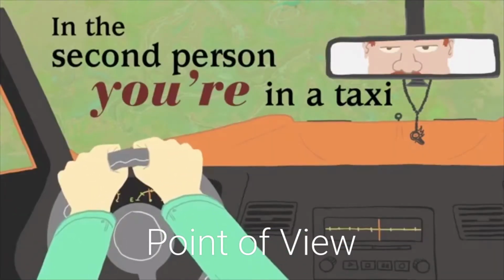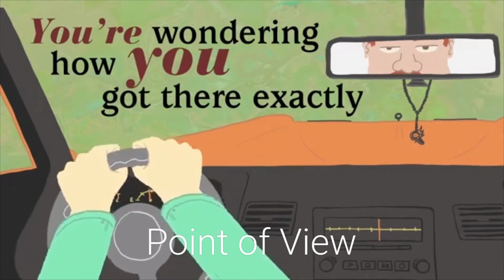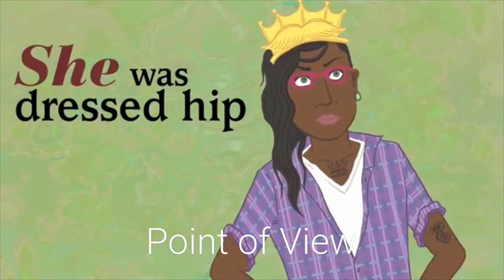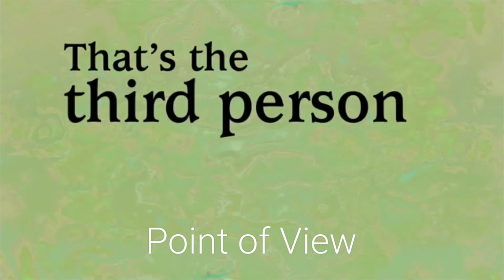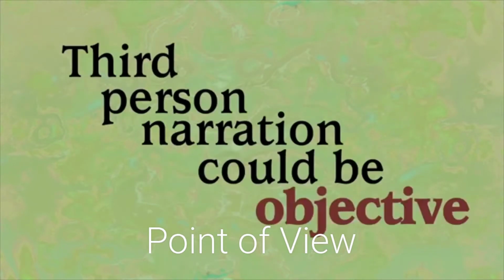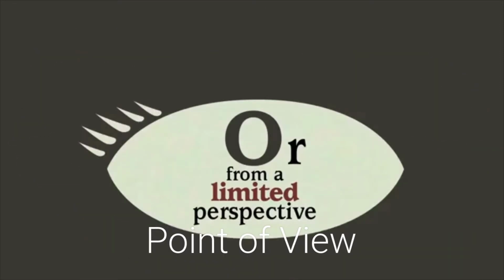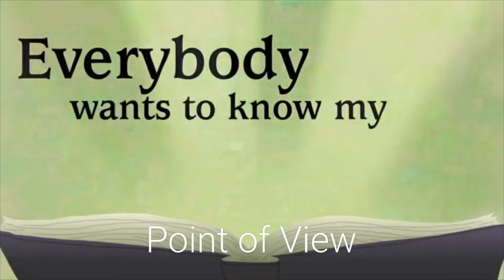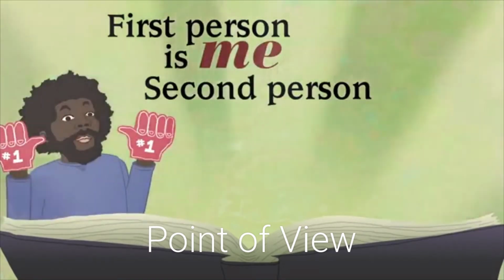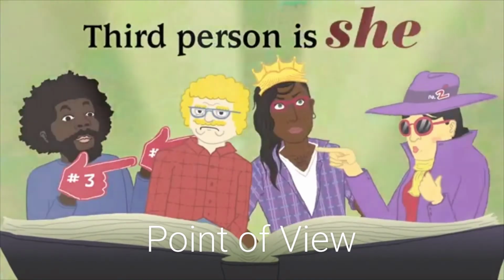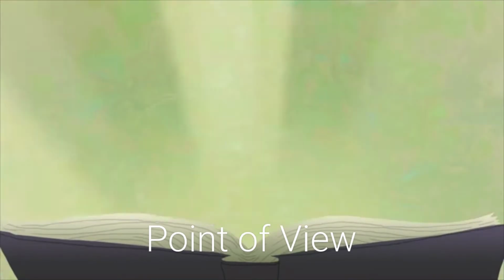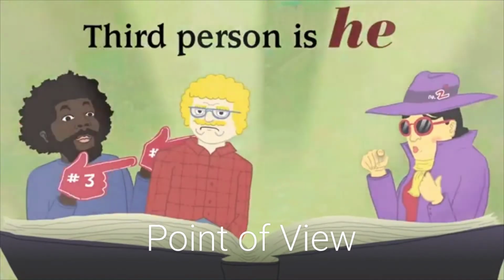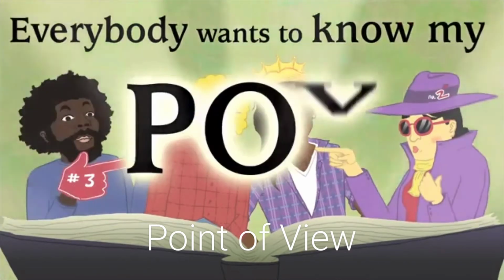In the second person, you're in a taxi. You're wondering how you got there exactly. The third person is he or she. He walked down the street and he saw the queen. She was dressed hip like it wasn't a thing. That's the third person, take it from him. Third person narration could be objective, omniscient, or from a limited perspective. Can the narrator see in everyone's thoughts? Narrating omnisciently like a boss. Everybody wants to know my point of view. First person is me, second person is you. Third person is he, third person is she. Everybody wants to know my POV. Everybody wants to know my point of view. First person is me, second person is you. Third person is he, third person is she. Everybody wants to know my POV.